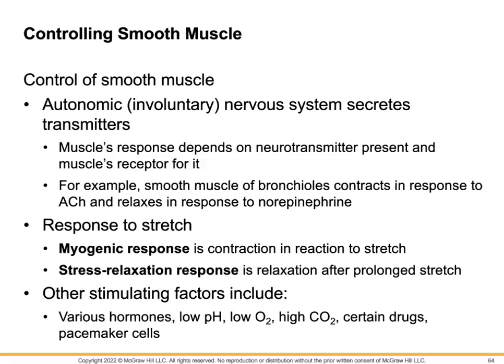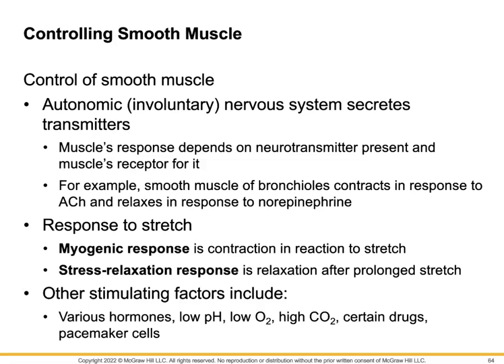So the autonomic nervous system has some strange actions on muscle, and we're going to learn much more about that. The response to stretch can also stimulate that muscle to contract. For instance, in the digestive system, the reason that the muscle contracts when you're pushing food through your digestive system is the smooth muscle gets stretched, and the response to that is to contract.